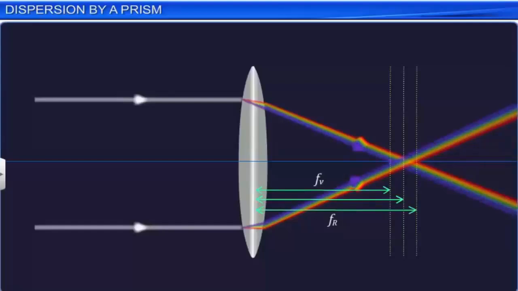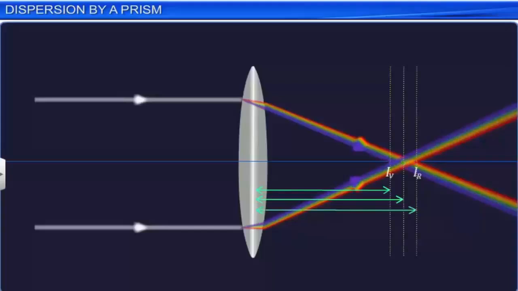This inability of the lens to focus all the colors at one point is called chromatic aberration. Because of this, multiple colored images of an object are formed at different focal points. The image formed by violet rays is closer to the lens than the image formed by red rays.